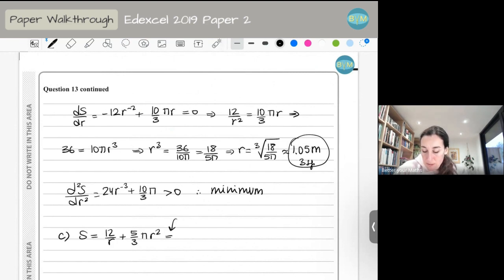So what we are going to do is substitute r equal to 1.005, and then we are going to round. As you have this value in the calculator before rounding, I would use that one. Don't use the rounded value, just in case there is a change, and just round at the end.